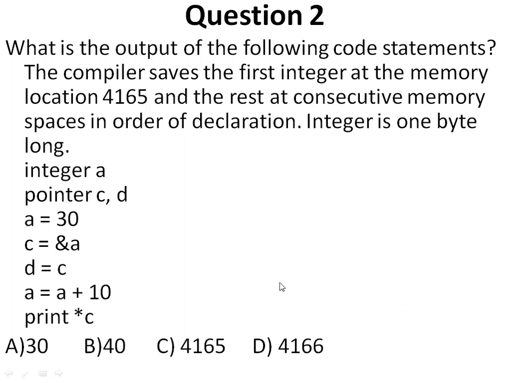Kavya gave C, 4165. You should go with memory diagrams, then you can easily solve it. Abhinash is also going with option C. Others are not able to find the answer. L Sahu also says 4165. Right. So let us discuss which one is the correct answer.